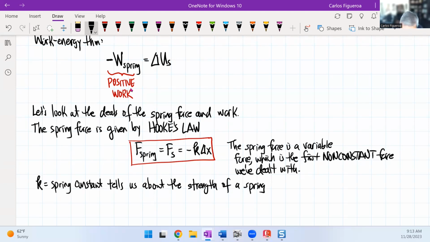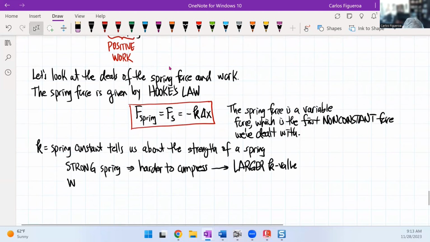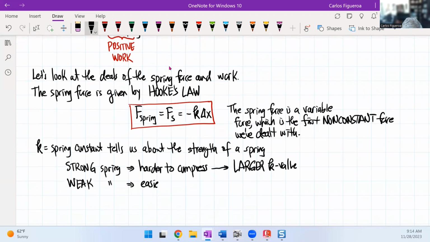So in other words, if I have a strong spring, that implies that it's harder to compress, which then means that it has a larger K value. If I have a weak spring, then it's easier to compress, so therefore I have a smaller K value.